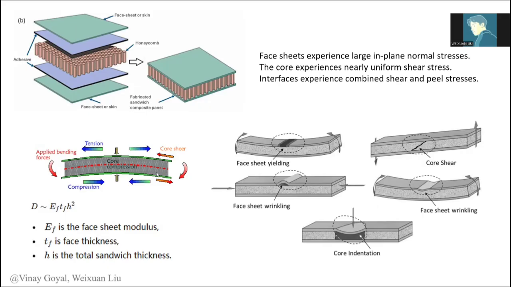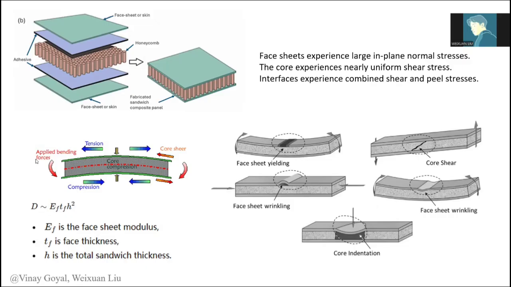The core will primarily carry transverse shear. If you recall Euler-Bernoulli beam theory, the top and the bottom undergo large tension and compression, and in the middle, it will undergo shear stress.